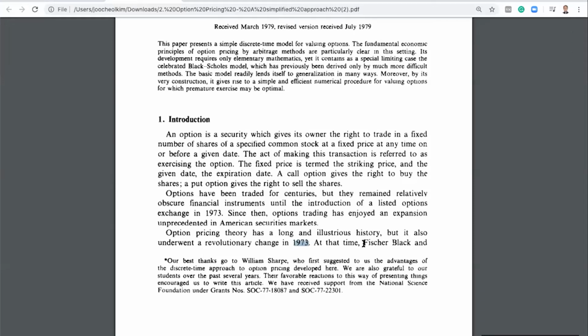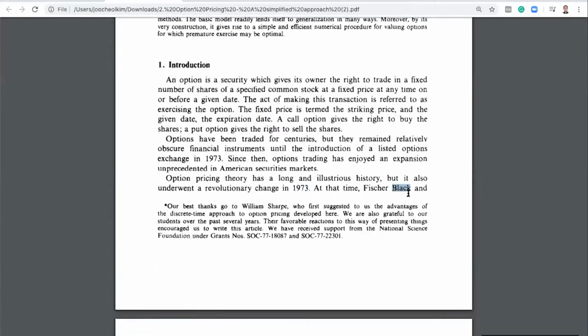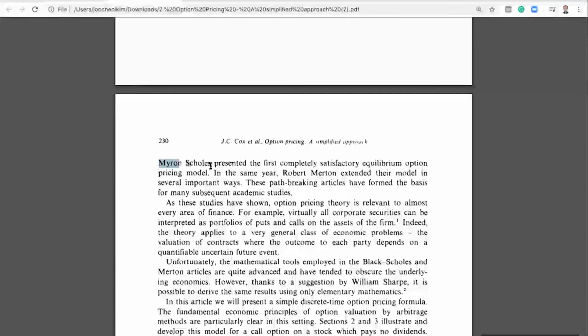At that time, Fisher Black and Myron Scholes, these two people, presented the first completely satisfactory equilibrium option pricing model. The model is usually called the Black-Scholes model, and it was published in 1973. In the same year, Robert Merton extended their model in several important ways.